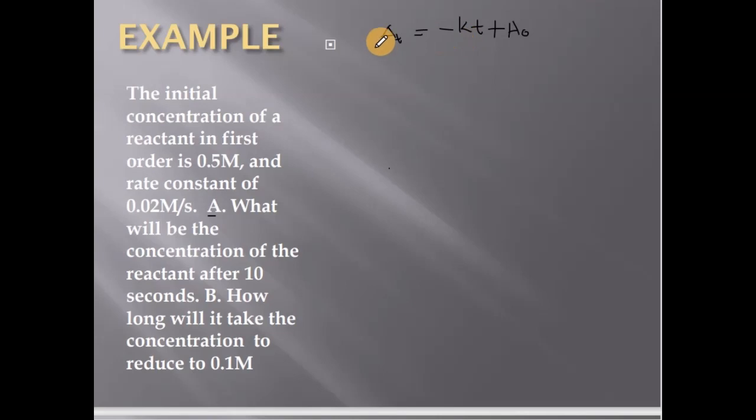So let's deduce the parameters from this question. The initial concentration of the reactant, the A naught, is what the question gives us: 0.5 molar.